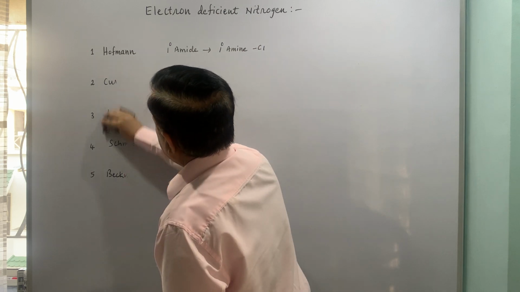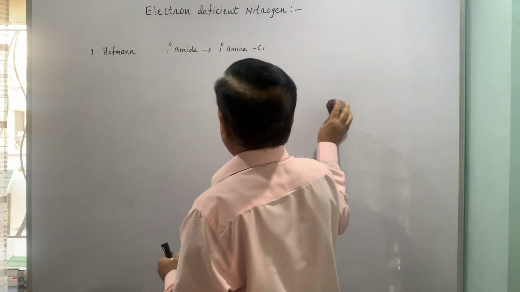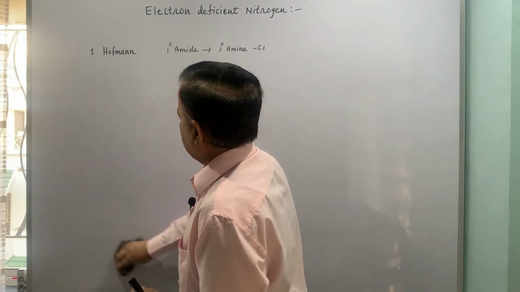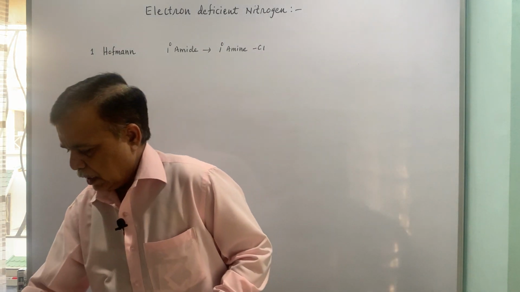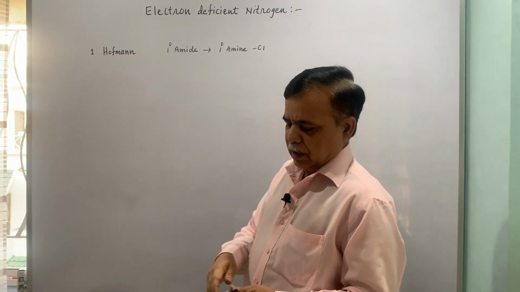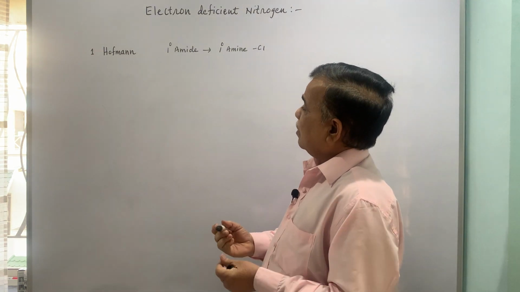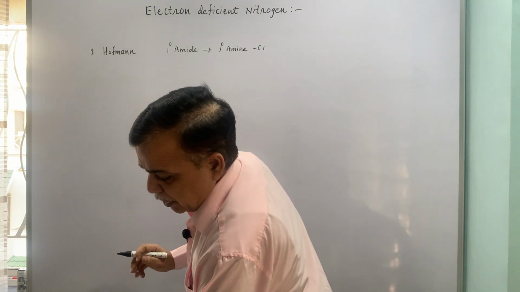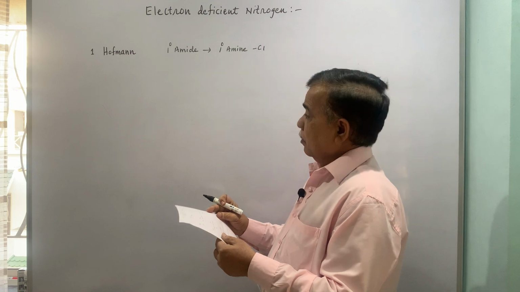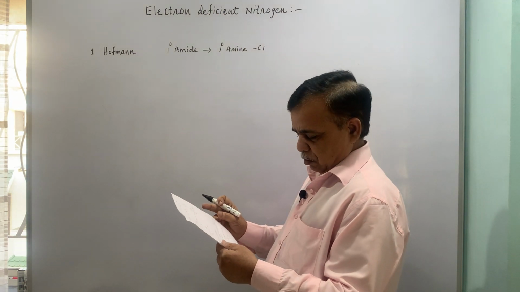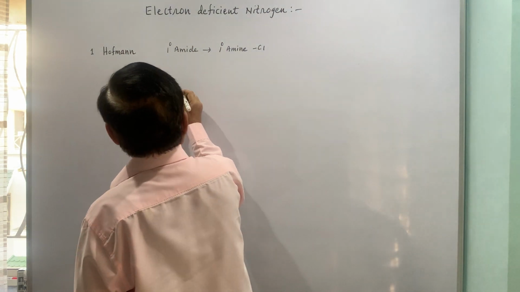the Hofmann rearrangement, wherein your primary amide is treated with hypohalous acid and you get the formation of an intermediate which breaks into the primary amine. So, I am not taking any example from here, I am taking some other simple example.